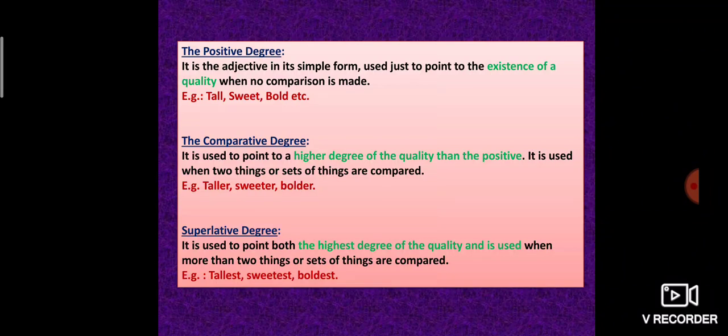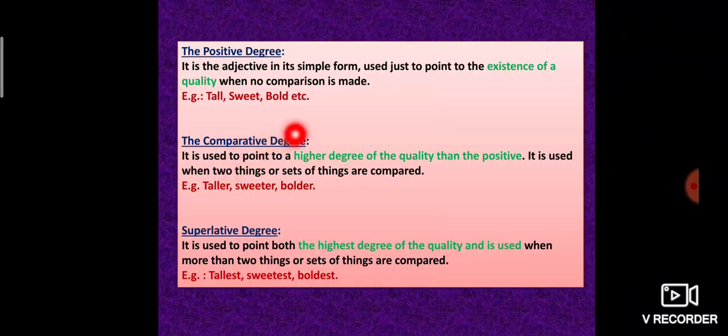So my dear students, we can see that the adjective changes in form: tall, taller, tallest; sweet, sweeter, sweetest; bold, bolder, boldest, to show comparison. Now these are called degrees of comparison. There are three degrees of comparison: positive degree, comparative degree and superlative degree.